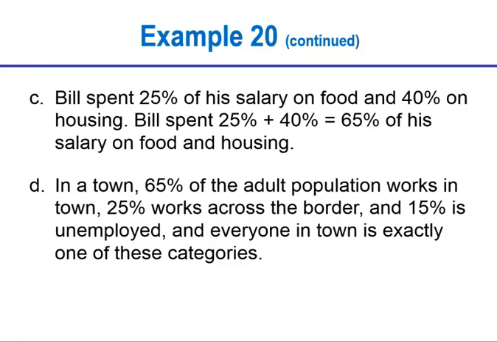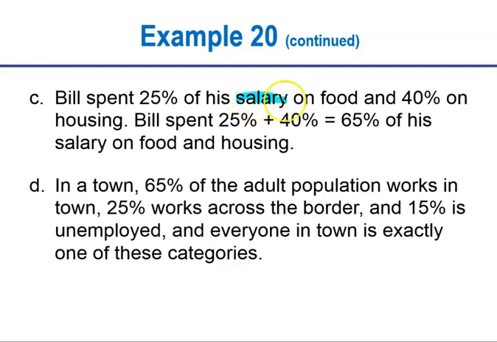Just two more of these true-false situations, and then we will stop the video and come back for part 2. So Bill spent 25% of his salary on food and 40% on housing. Bill spent 25% plus 40% equals 65% of his salary on food and housing. Now, compared to the last problem, it seems like this would be false, right? But remember, we're taking the 25% and the 40% on the same thing.